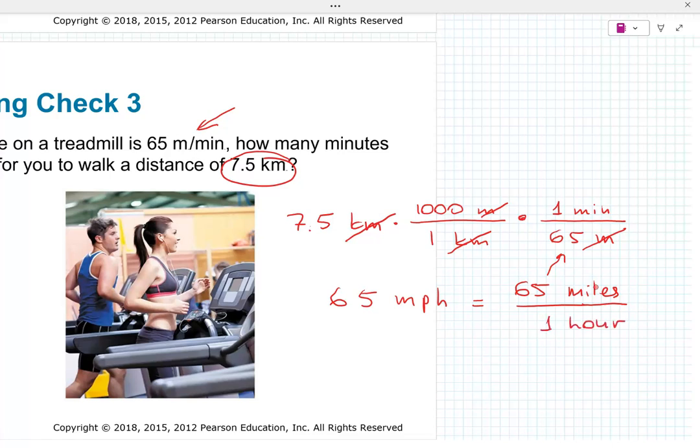Do you agree? In real life, it means that, at this rate, it's going to take us 1 hour to go 65 miles. Or we can say that if we're given 1 hour, we can cover 65 miles. We can write it down this way: 1 hour, and in 1 hour, we do 65 miles.